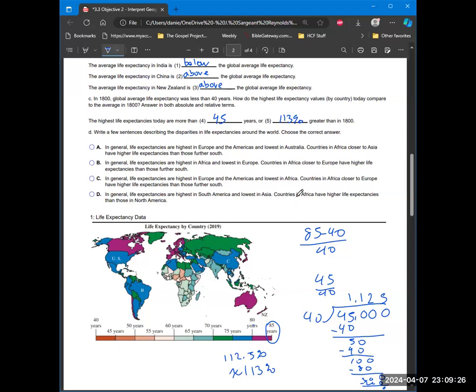So, and then write a sentence describing the disparities in life expectancies around the world. Choose the correct answer. So, in general, life expectancies are highest in Europe and in the Americas and lowest in Africa. Countries in Africa close to Europe have higher life expectancies than those further south.